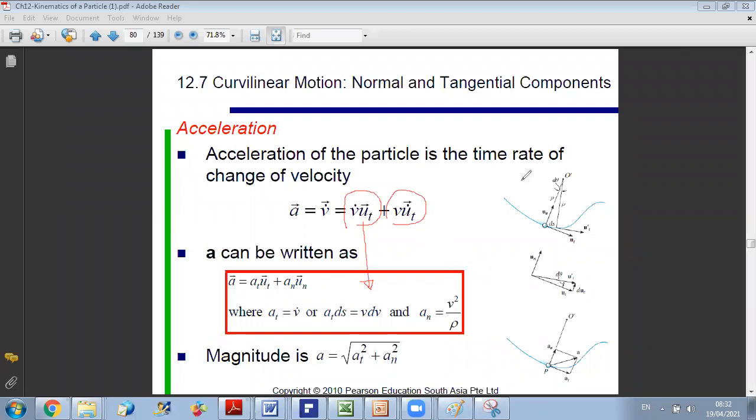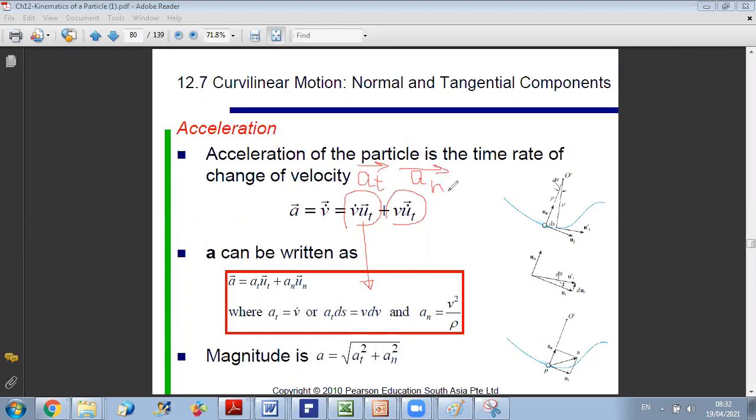But we can organize office hours, and I can explain it for you if you are interested. So you have two components of acceleration: the tangential one, which is along UT, and the normal acceleration, which is along UN.